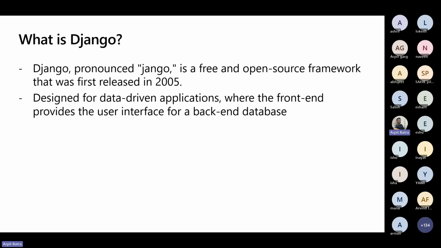Now we go for installing Django. Step 1 is install Python. Step 2 is set up a virtual environment. Step 3 install Django. And step 4 is verify the installation. For creating a Django project, I already told you how to create a Django project. Before proceeding, we go for additional topics to explore in Django.